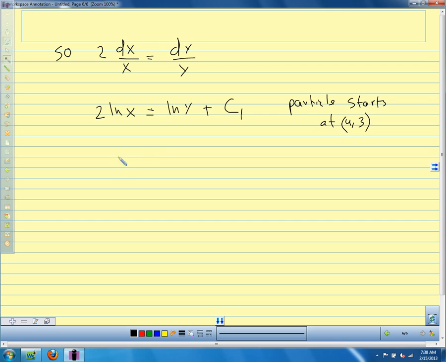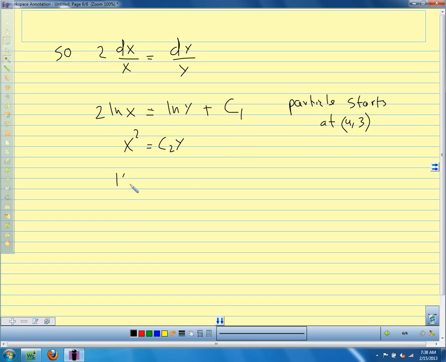X squared equals, I'm going to say C2 times y. So I just rewrite this in exponential form. C2 is e to the C1. So this equation becomes x squared equals C2 y. Use my initial condition.